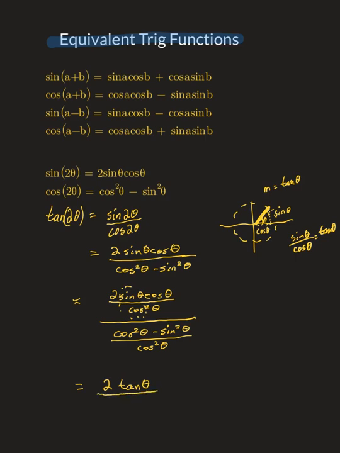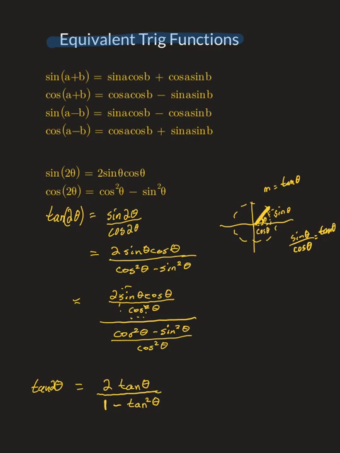On the other side, we have cos squared theta over cos squared theta, which is 1, minus sine squared theta over cos squared theta, which is just sine theta over cos theta times sine theta over cos theta, which is tan squared theta.